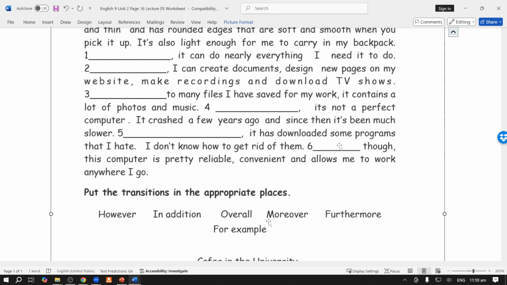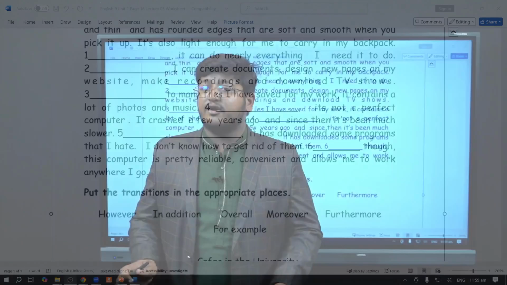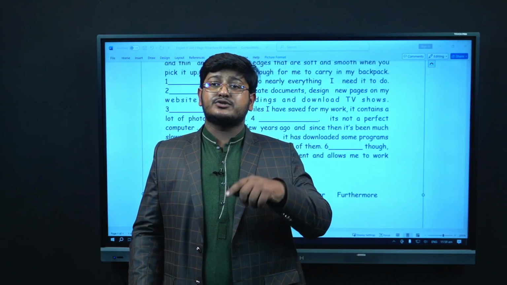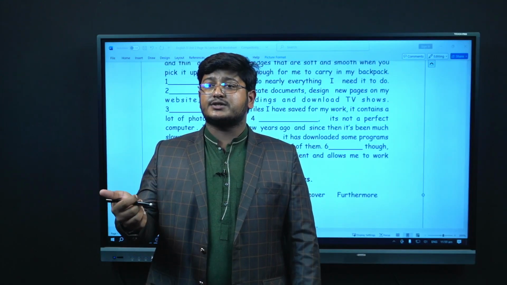So what will go there? Which transition word goes there? Yes, Al Said school system girls, they say overall. No, not overall, because it's not the conclusion of the passage, it's not the ending of the passage. Overall comes at the end of the passage. It is used to conclude something. Yes, the Knowledge School.